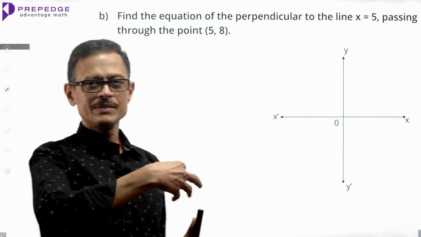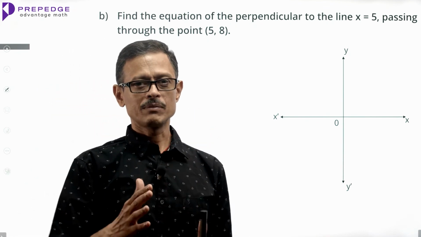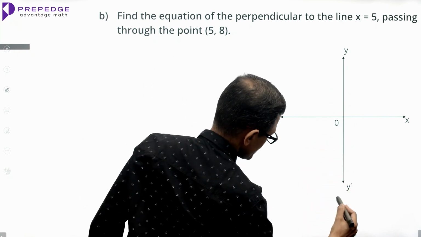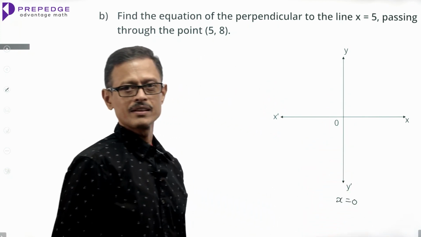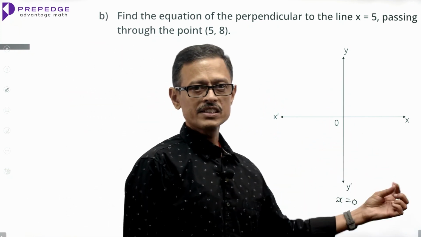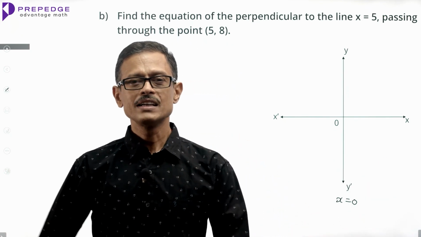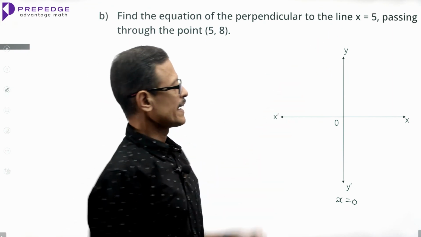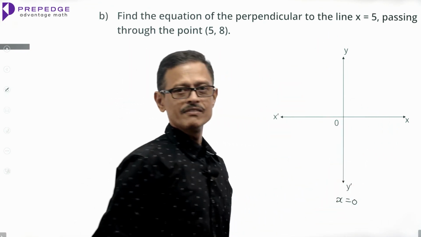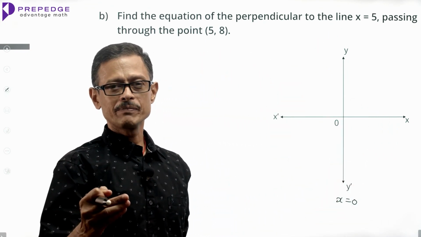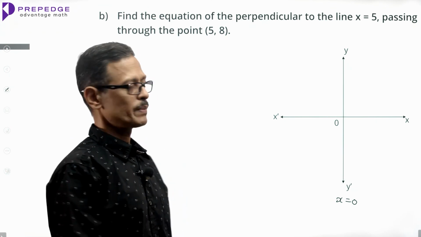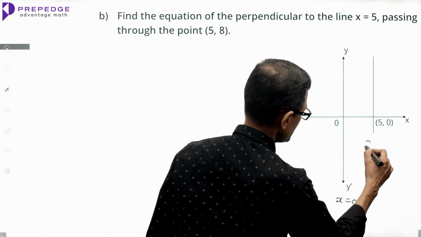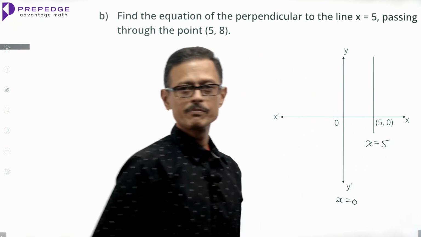The equation of the y-axis is x is equal to 0. x is equal to 1, x is equal to 2, x is equal to 3 are lines parallel to the y-axis. x is equal to 5 passes through the point which cuts the x-axis at 5. So passing through 5, 0, the line parallel to the y-axis has the equation x is equal to 5.